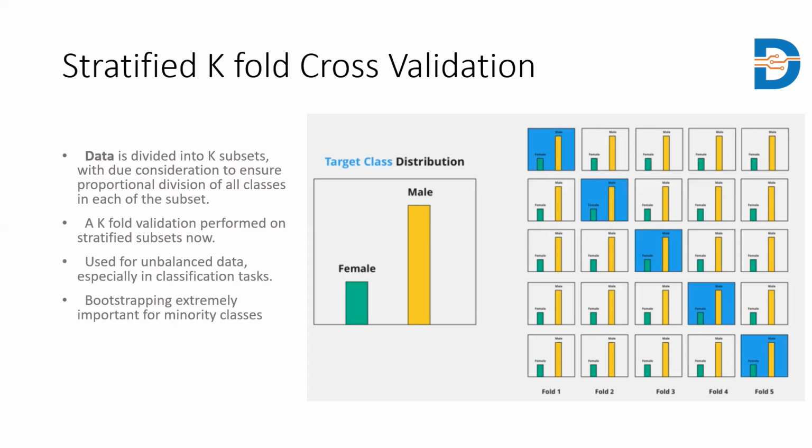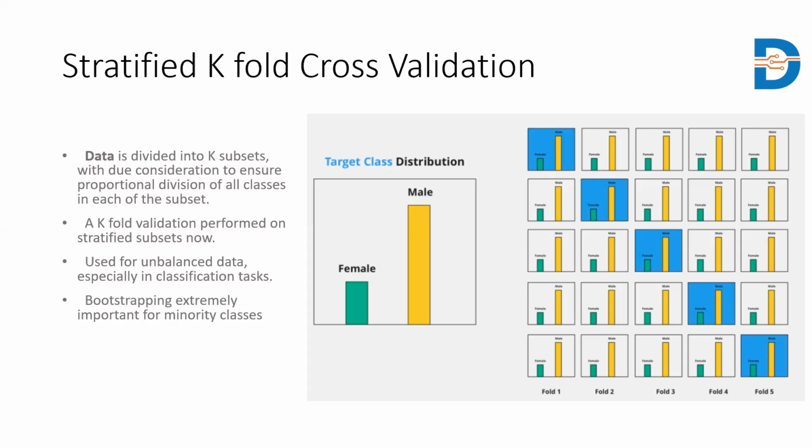To avoid that, in each of the subsets that we divide in the k-fold method, we ensure that a proportional representation of the minority class is present. The majority class proportion is also ensured. The same ratio of the target class is ensured across all the subsets.